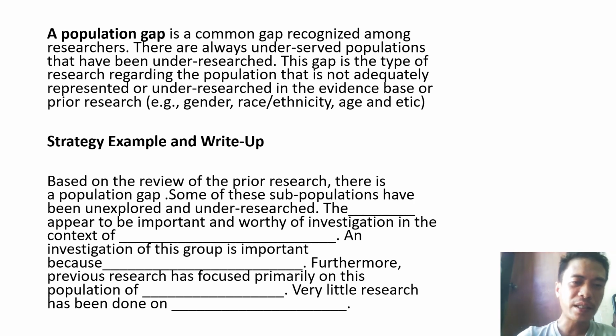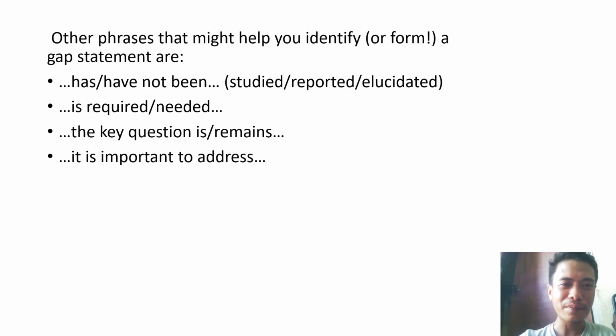Okay, this is the strategy example and the write-up. Very little research has been done on. Furthermore, previous research has focused primarily on this population of grade 7 and 8. Very little research has been done on grade 9 and 10. That will be your research gap.